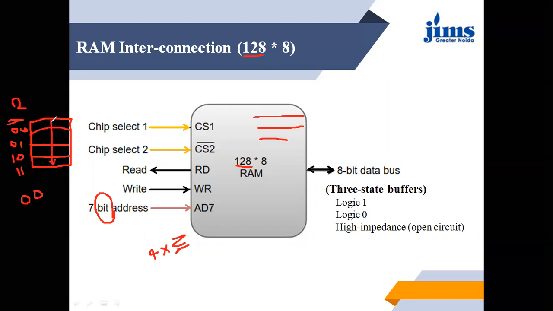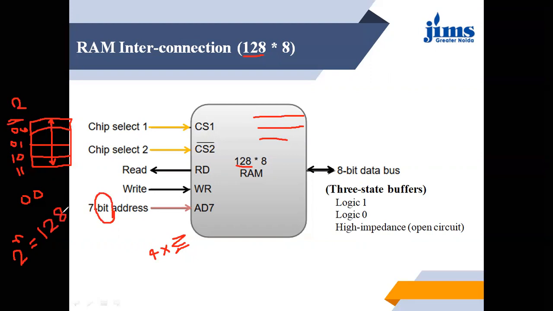I told it earlier also that this is the way to find out the memory address lines: 2 raised to the power n equals the size of the memory, here 128.